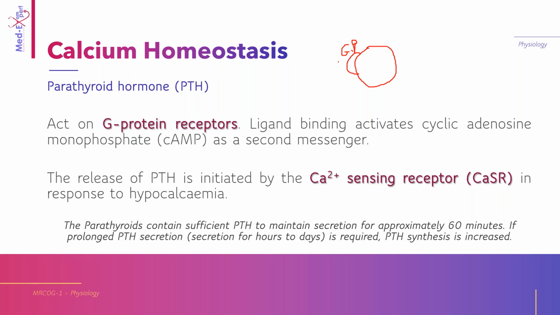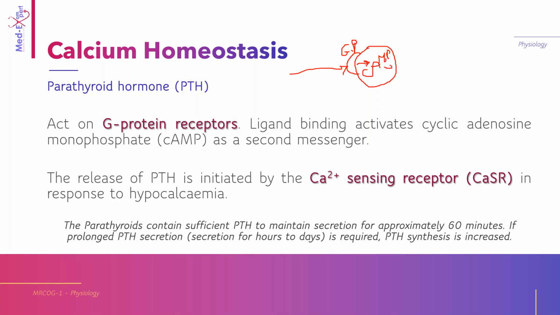This part, the cell receptors and the second messengers, are topics of biochemistry. We cannot give it in detail now, but the parathyroid hormone will act on these G protein surface receptors to stimulate a secondary messenger which is called cyclic AMP.